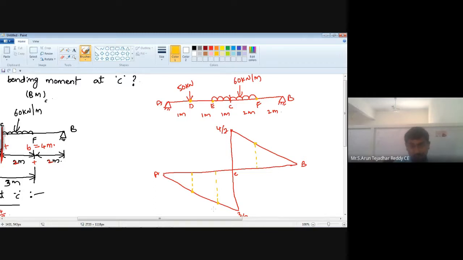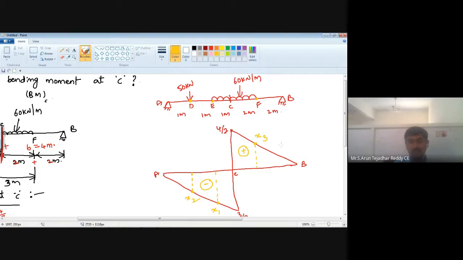That is x1, x2, x3. Don't forget, B to C is plus, A to C is minus.